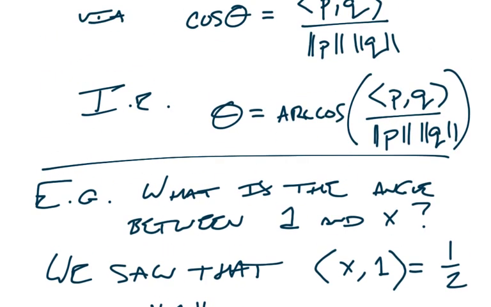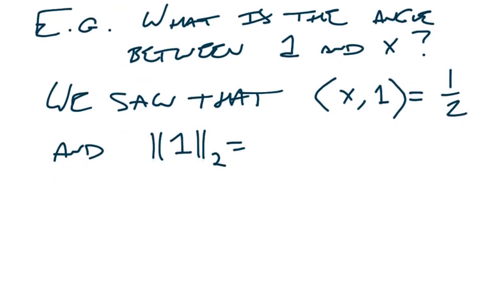Oh, right, these should be 2 norms, since we're specifically using the 2 norm. This is equal to 1, and the norm of x was 1 over the square root of 3.